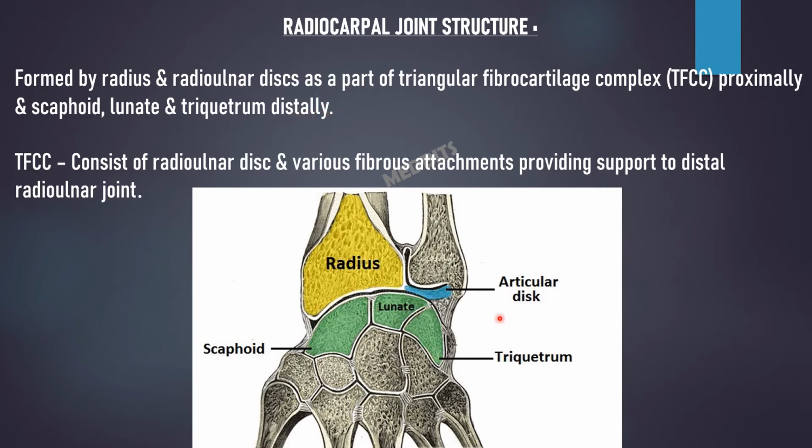As you can see here, TFCC is here, which is proximal. This is distal, right? Scaphoid, lunate, triquetrum. And here the TFCC, which is the triangular fibrocartilage complex, consists of the radioulnar disc and various fibrous attachments, providing what?